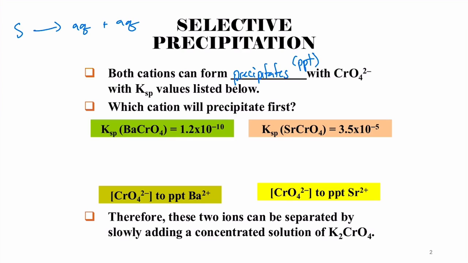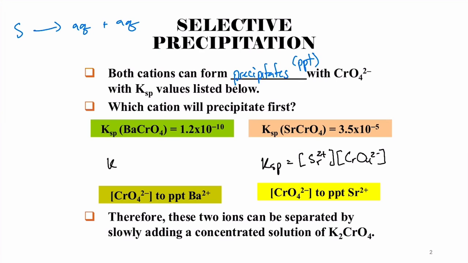If it's a larger value, that means that we have more aqueous ions at equilibrium. Why? Because KSP is equal to the concentration of, in this case, Sr2+ times CrO4 2-.